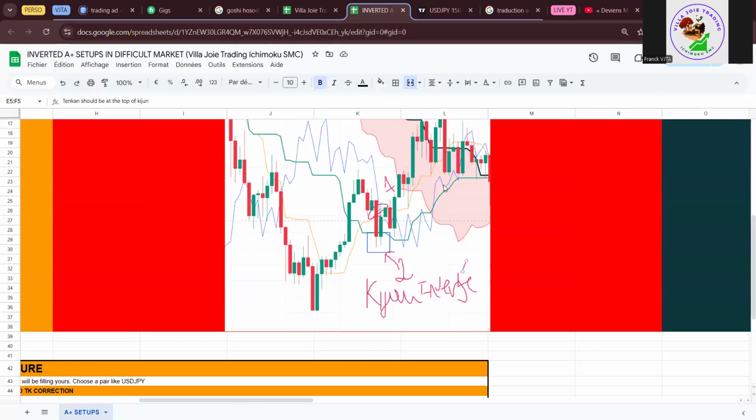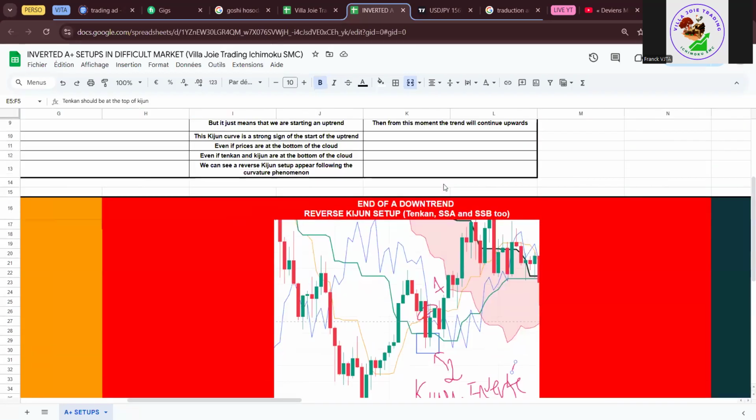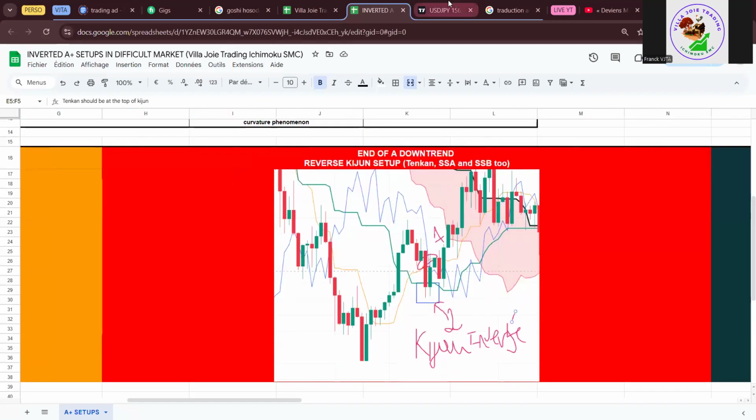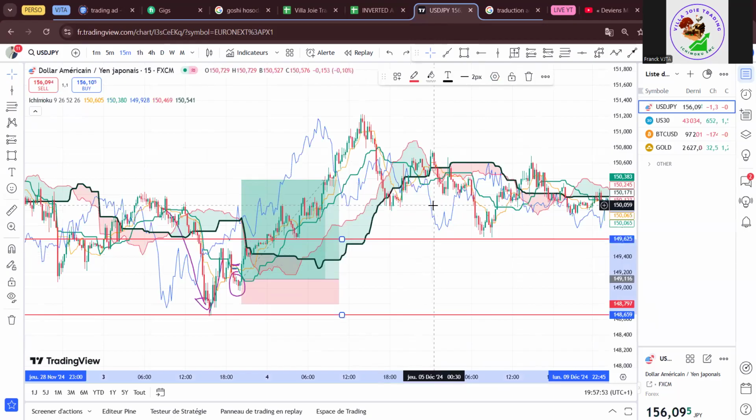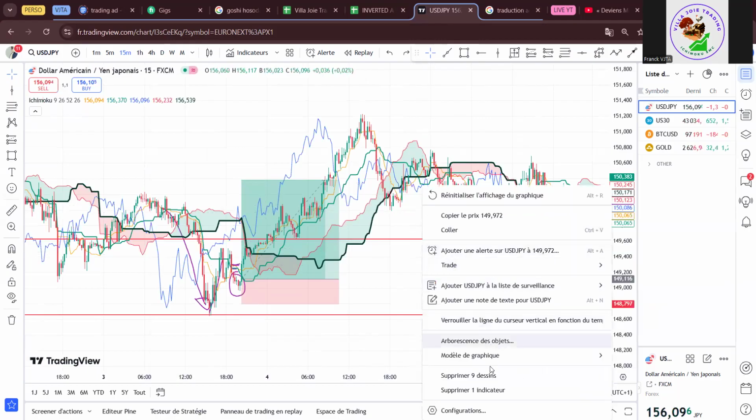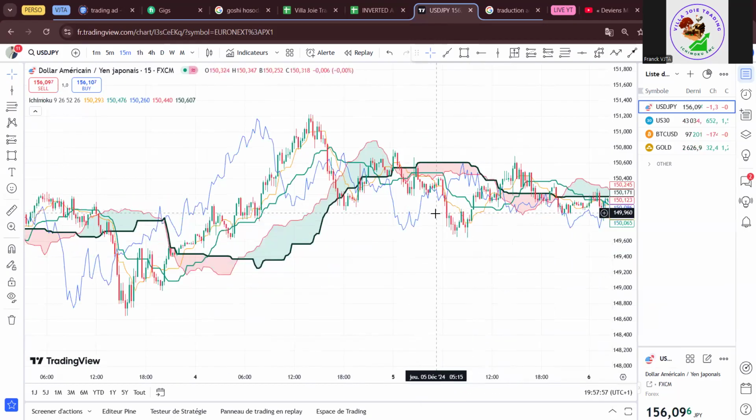But an inverted Kijun is not the only one that exists. There is also an inverted Tenkan. If you look very well, you see Tenkan, SSA and inverted SSB too. They are inverted setups.